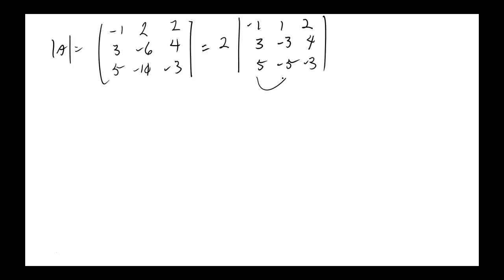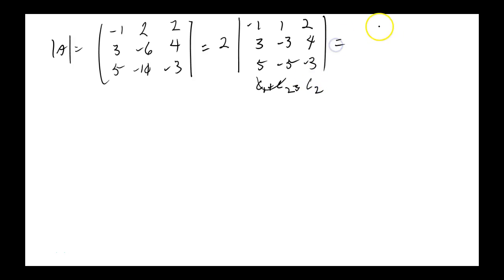If you had seen this from the beginning, you could have said 2 times row 1 plus row 2, that would have given you all zeros right there. But now when you add these two together, column 1 plus column 2 is the new column 2, or column 1, it doesn't matter which one.